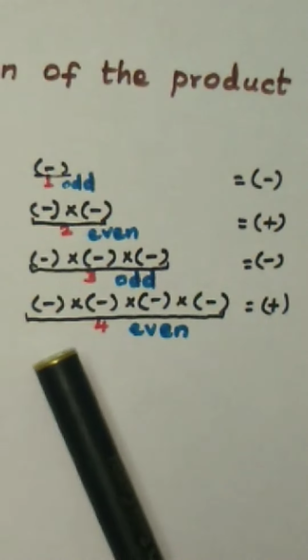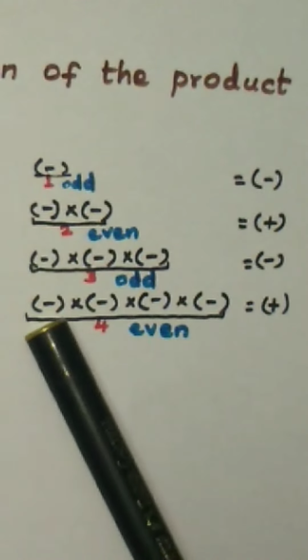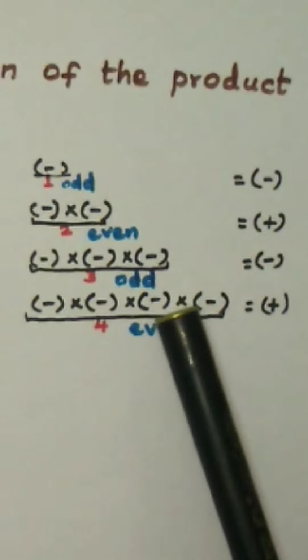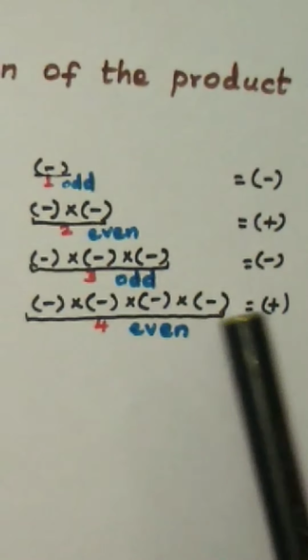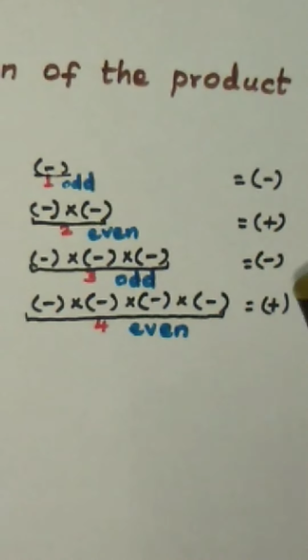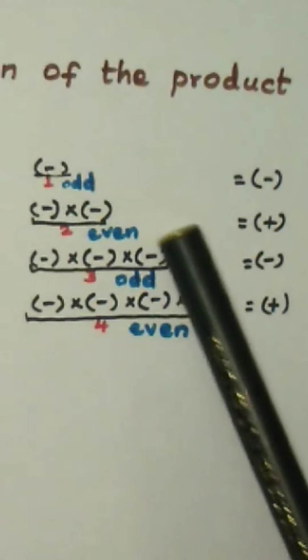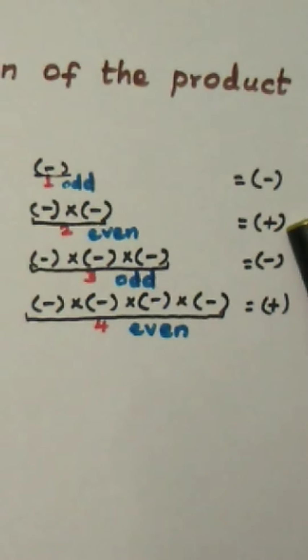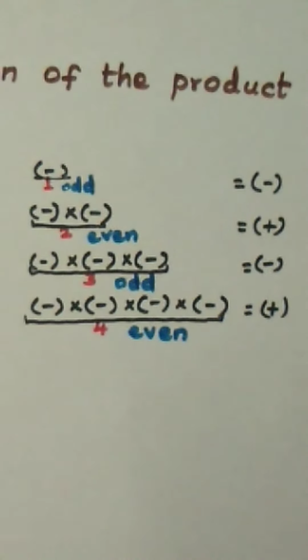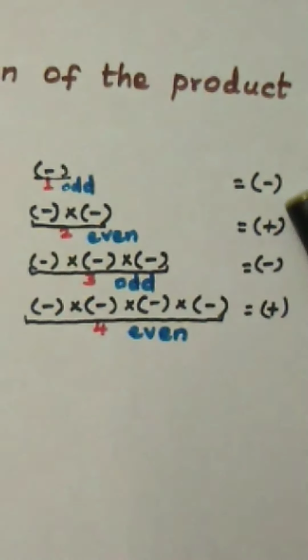So when minus sign is multiplied 4 times, minus into minus, plus, plus into minus, minus, minus into minus, plus. So it becomes plus. So what do you observe? When minus sign is multiplied an even number of times, it becomes positive. And when minus sign is multiplied an odd number of times, it remains minus.